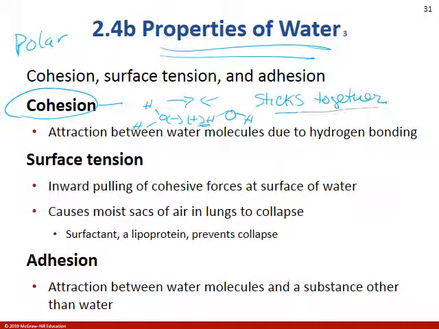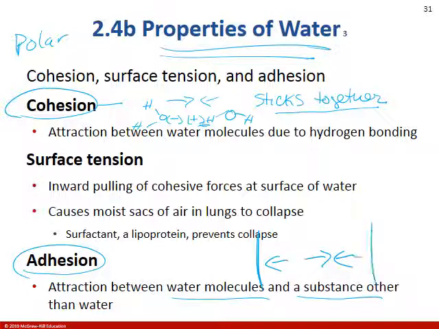So water molecules like to stick together, and water molecules are attracted to other substances. So you have your water molecules sticking together, and then you have water molecules sticking to other surfaces.